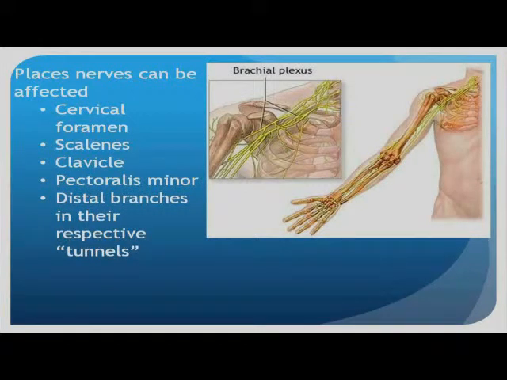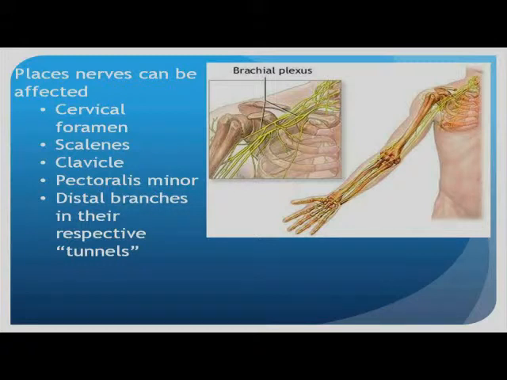There are multiple places where the nerves themselves, not thinking about trigger points, can be irritated. So I always try to get people to think about the pathways that these nerves have to travel, and how you can evaluate each one of these areas to try to figure out what your upper extremity problem is. So I start with the cervical lateral foramina.